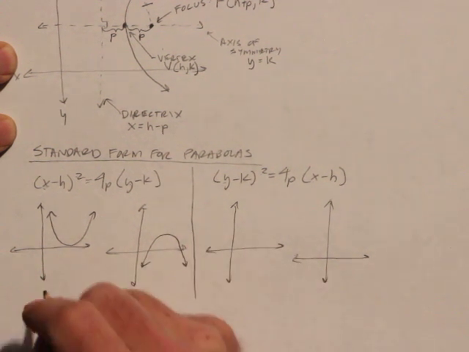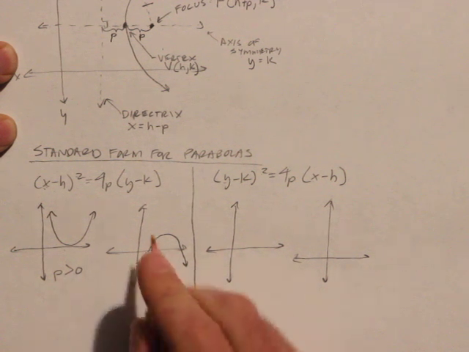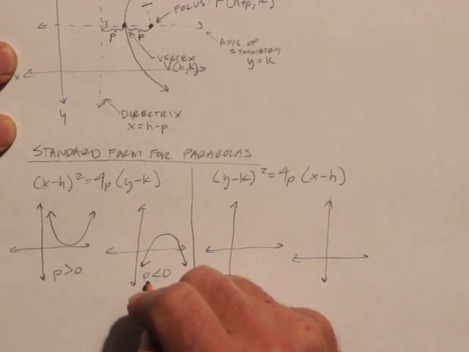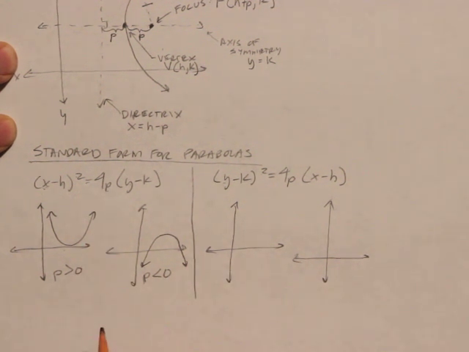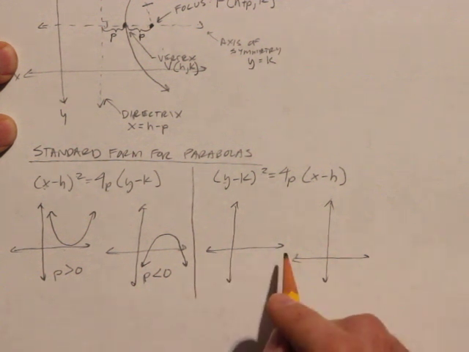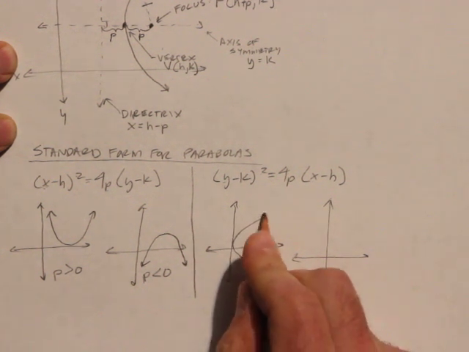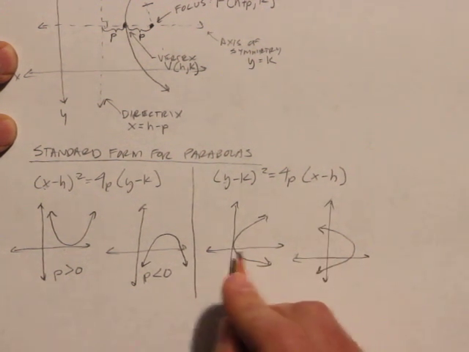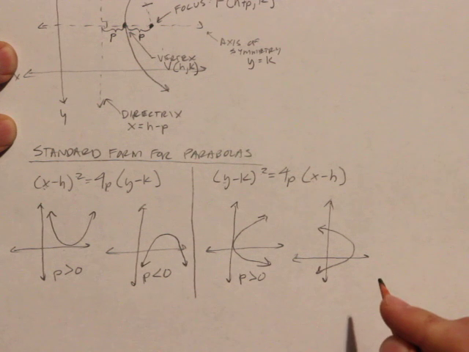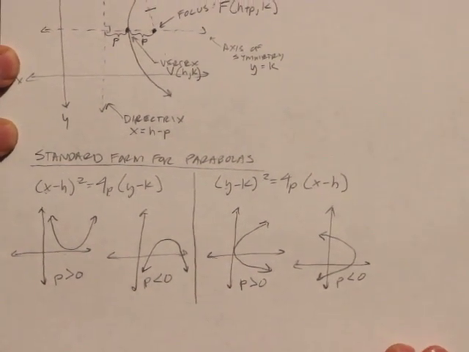In the first case, p is greater than 0 or positive; in the other case, p is less than 0 or negative. In this scenario here, we're going to have the parabola opening to the right and the parabola opening to the left. If it opens to the right, p is greater than 0 or positive. P is less than 0 if it's opening to the left.